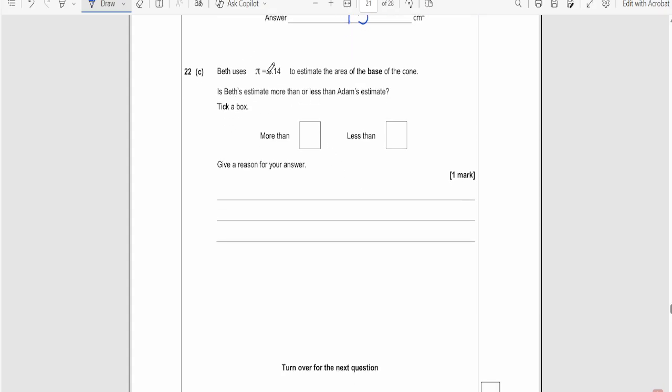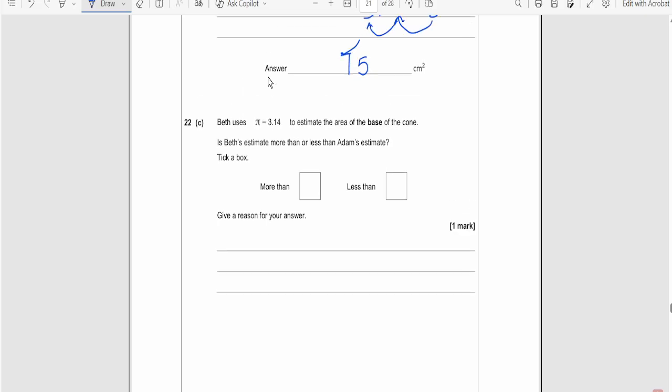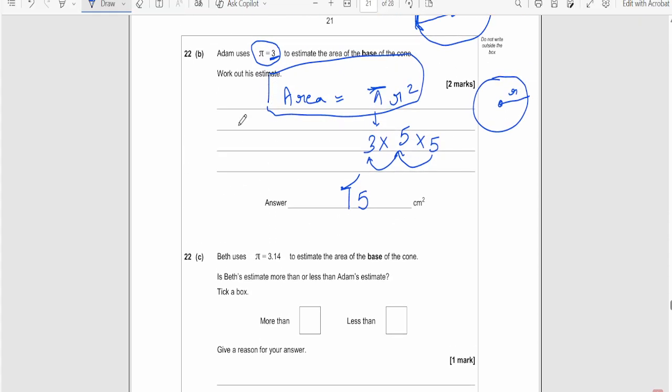Then Bath uses pi equals 3.14 to estimate the area of the base of the cone. Is Bath's estimate more than or less than Adam's estimate? What would be the answer for C? 3.14, is it greater than 3 or less than 3?